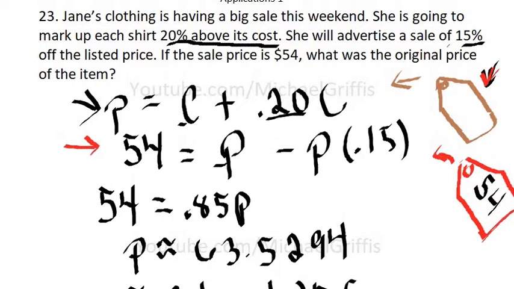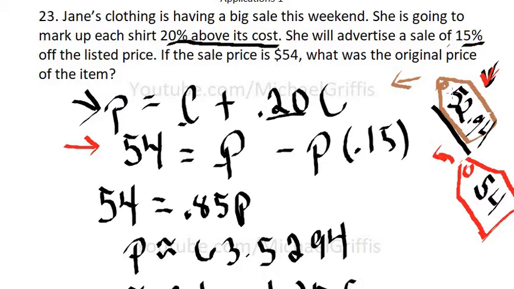So you see, $52.94. This is what the item was before the sale. And then what happened, they came in that night and they changed all the tags and they put up big signs outside the store saying that we're having a big sale.